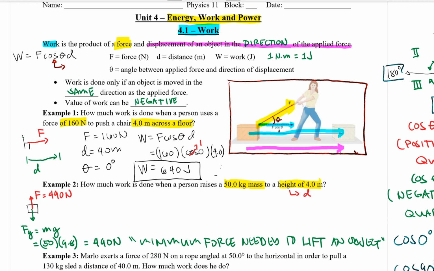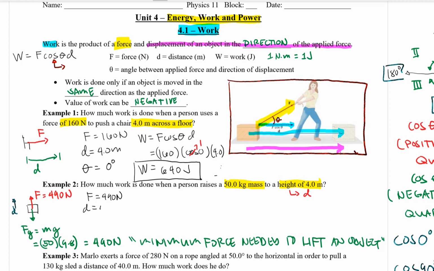Again, we're lifting it up, and this would be your D. The displacement is also moving up. So the givens are the following. F must be 490 newtons, again the minimum force I need to lift the object.